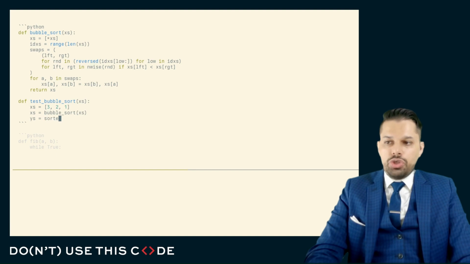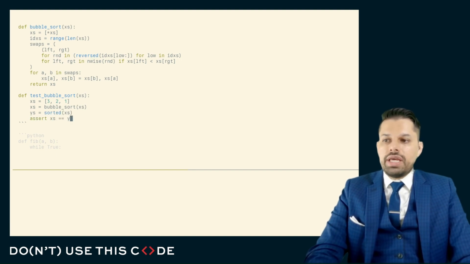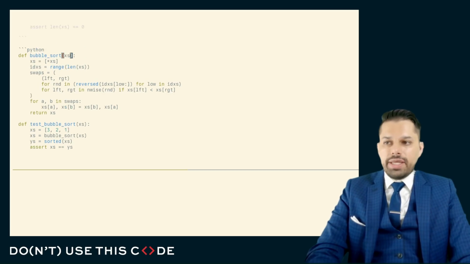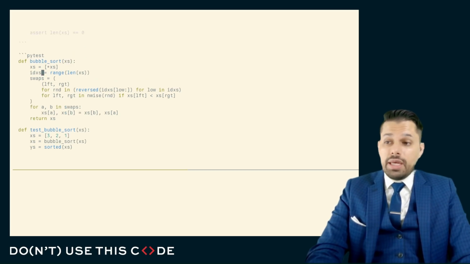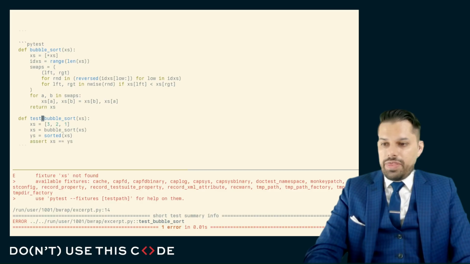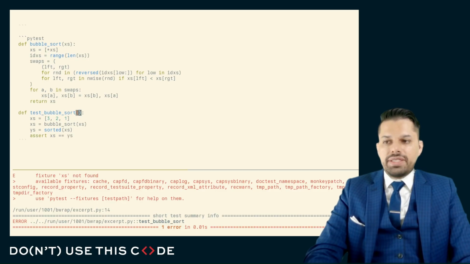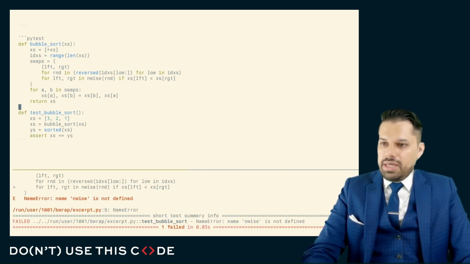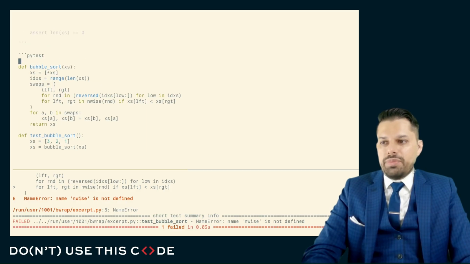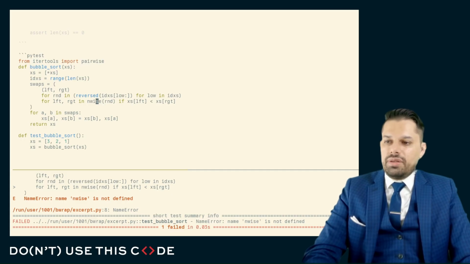Let's even just use the built-in sorted as a comparison, and let's assert xs is equal to ys. And again, if this sort is correct, then we should see that this just works. Of course, let's not pass in the xs there. And here we, of course, do need our pairwise import. Here, let's do a from itertools import pairwise to pull this in very quickly.